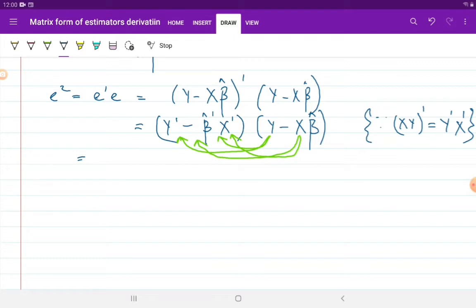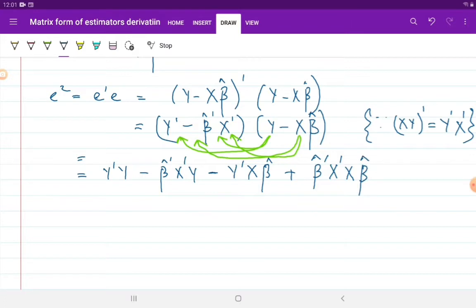What I will get in that process is y transpose into y minus beta hat transpose x transpose into y minus y transpose x times beta hat, and minus into minus becomes plus beta hat transpose x transpose x beta hat. So I hope that is okay.